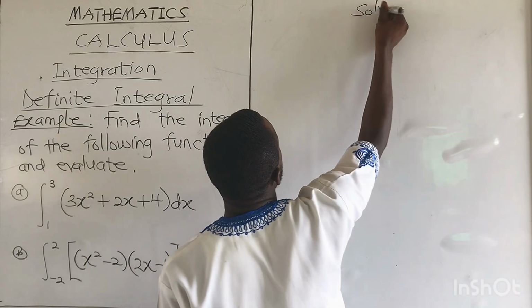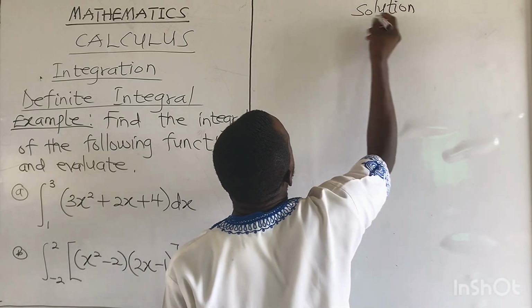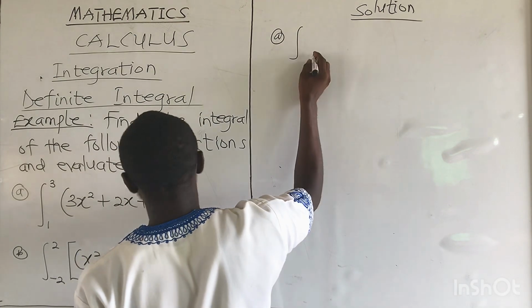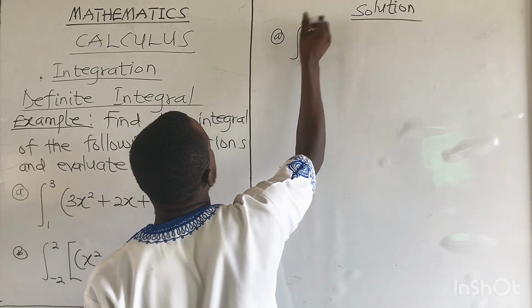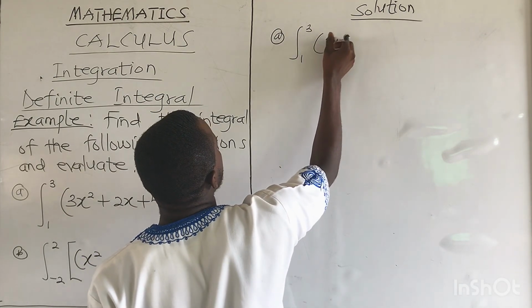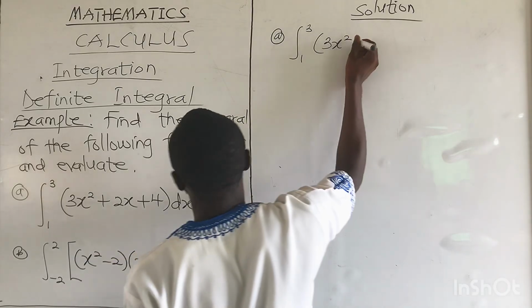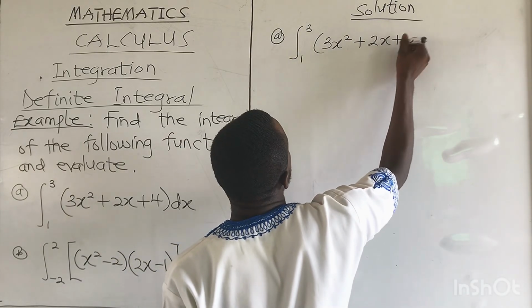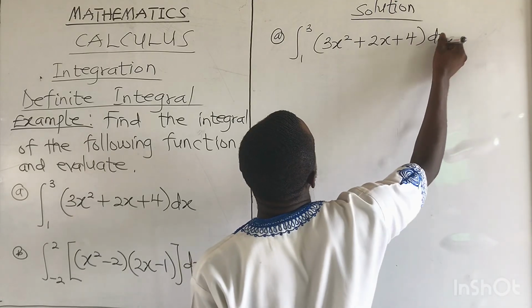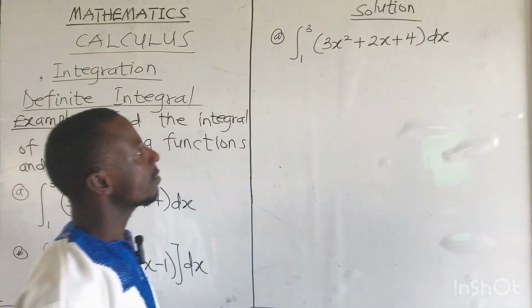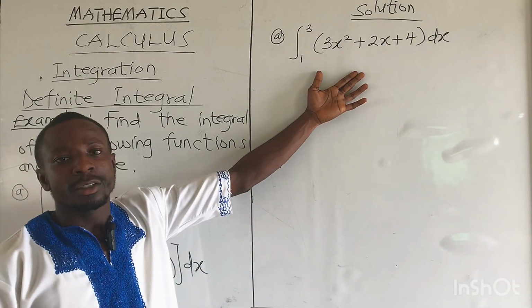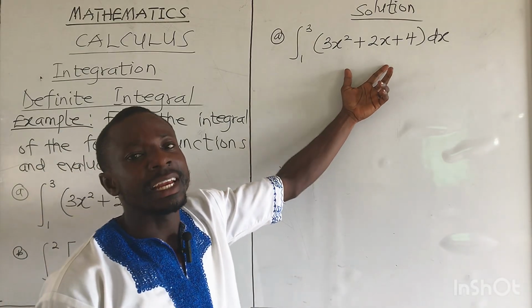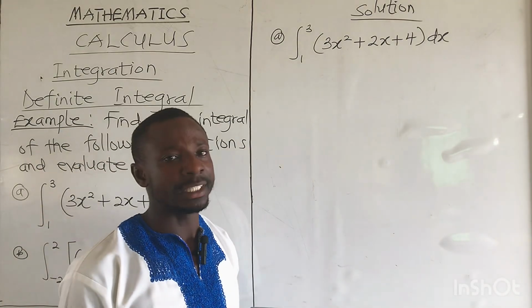Solution: A, the integral from 1 to 3 of 3x squared plus 2x plus 4 dx. Before we can apply the limit, we need to integrate the function within the bracket.